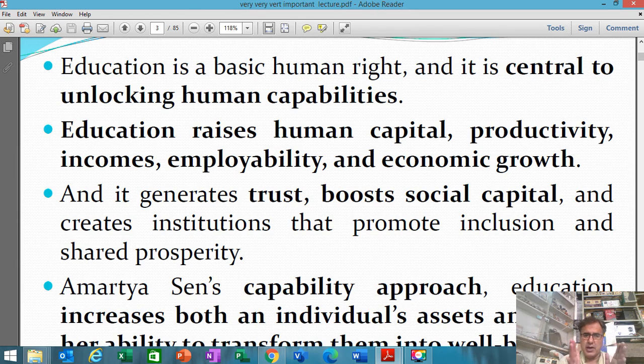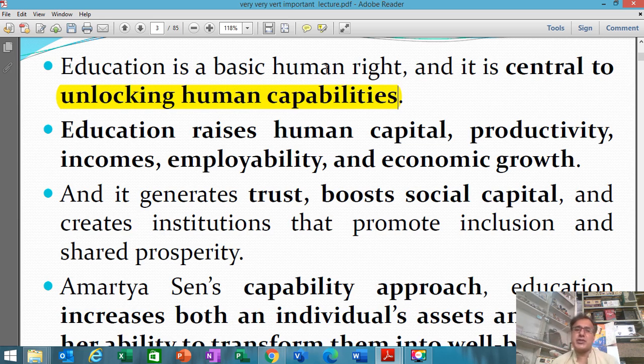So here he talks about education as a basic human right. It is central to unlocking human capabilities. Remember, without education we cannot fathom or access human capabilities.